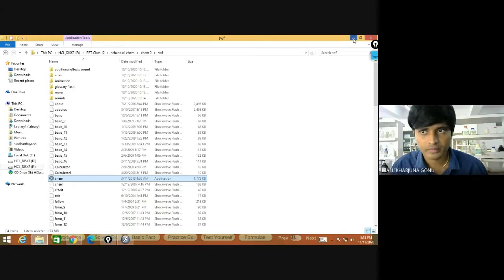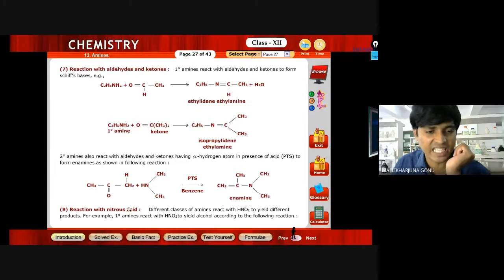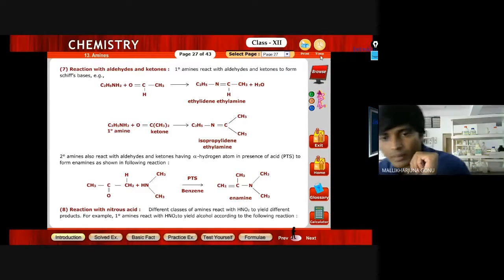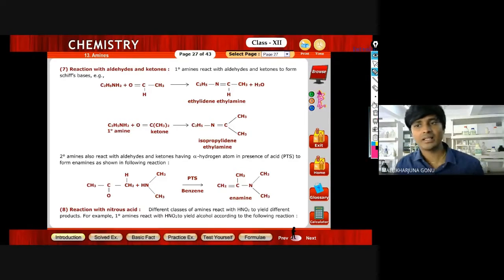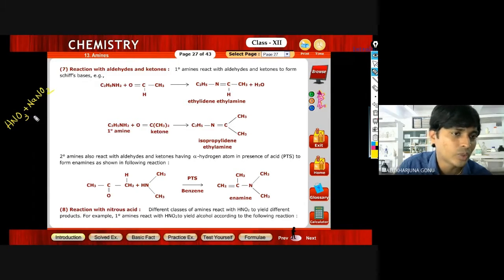Okay. Next one, reactions with nitrous acid. See, we have seen a reagent like NaNO2 HCl. Where we have used this reagent?